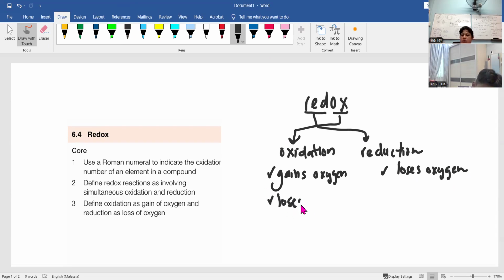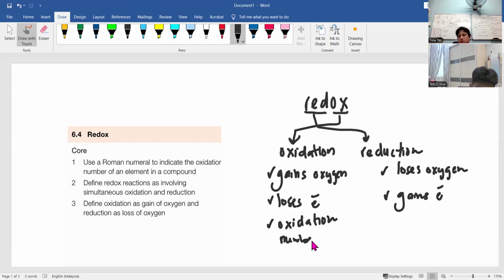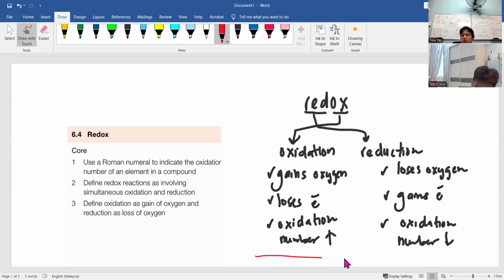Oxidation is when something loses electron. Reduction is when something gains electron. Oxidation is when something has an oxidation number increase. And then reduction is when the oxidation number decrease. Okay, so I'm going to teach you how to determine all of this.